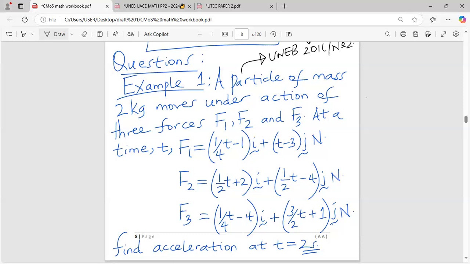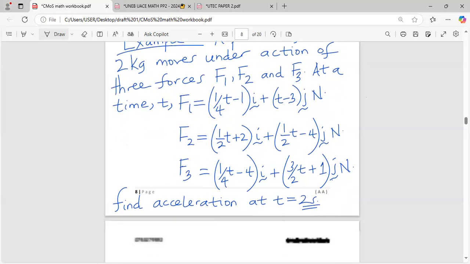When you have so many forces acting on the same body, how do you come up with a single force? That's why I had to ask. So we are going to get one general force, the resultant.